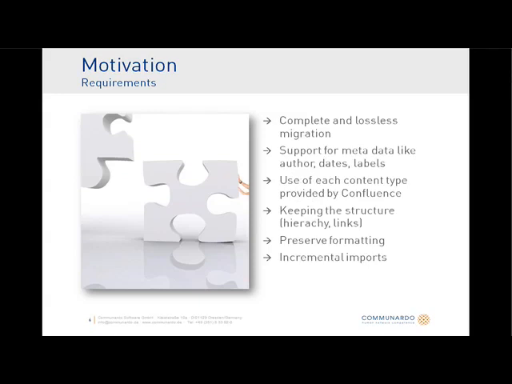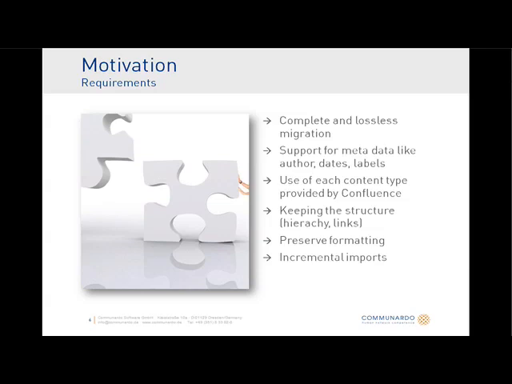So there are several requirements and challenges we had to face. First, the requirements. The key feature was that we wanted to be able to provide a complete and lossless migration of data.